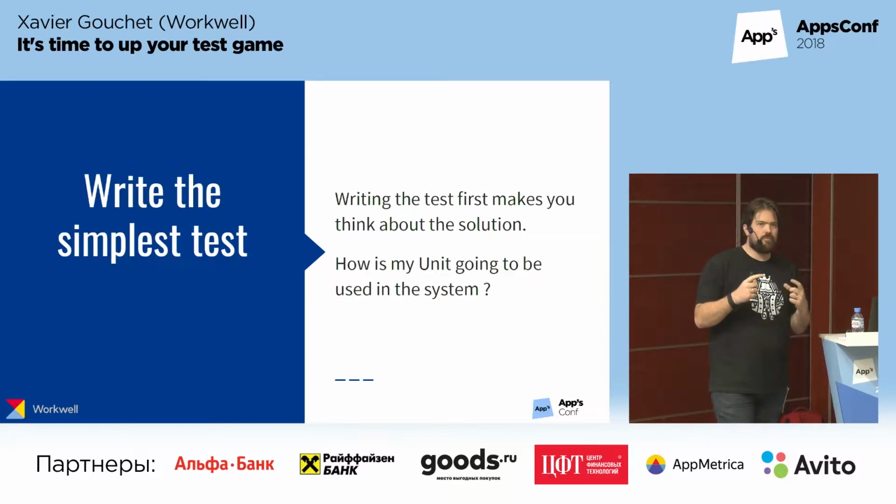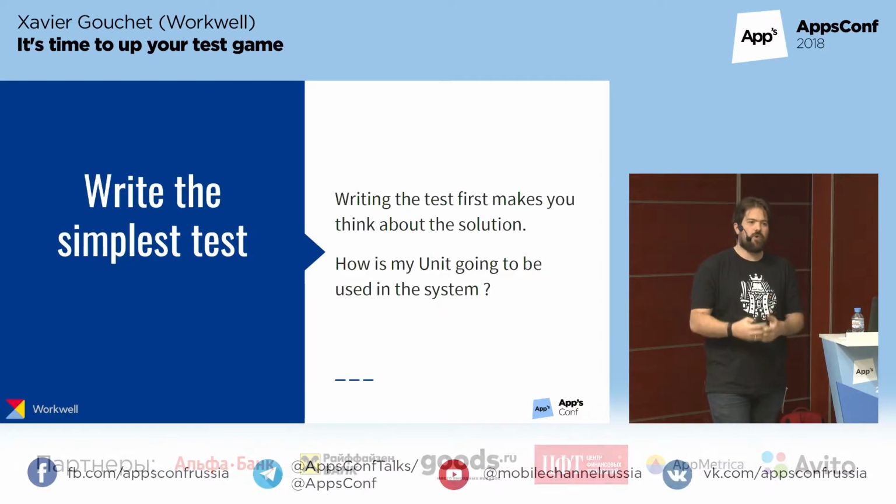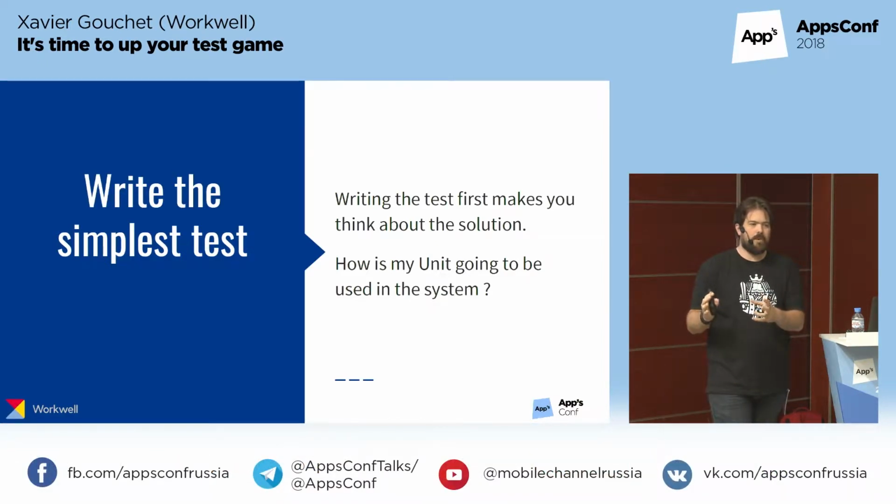So when you write the test first, you're going to say, okay, how am I going to use my feature? I don't want to know how it's going to be implemented, but how I'm going to use it from the outside. And that way you're going to write the simplest and most efficient, in theory, implementation.